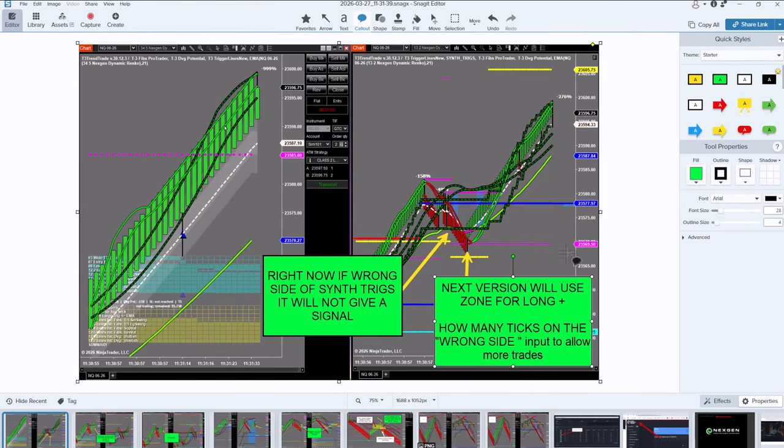I'm going to send you a picture so you have a copy of it. But right now, if we get on the wrong side of the synthetic triggers, it's not going to give a signal, which is not very cool.